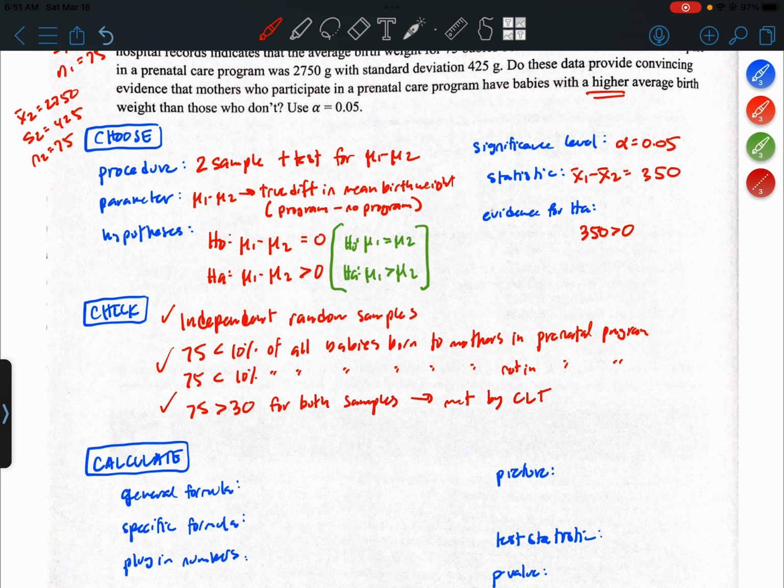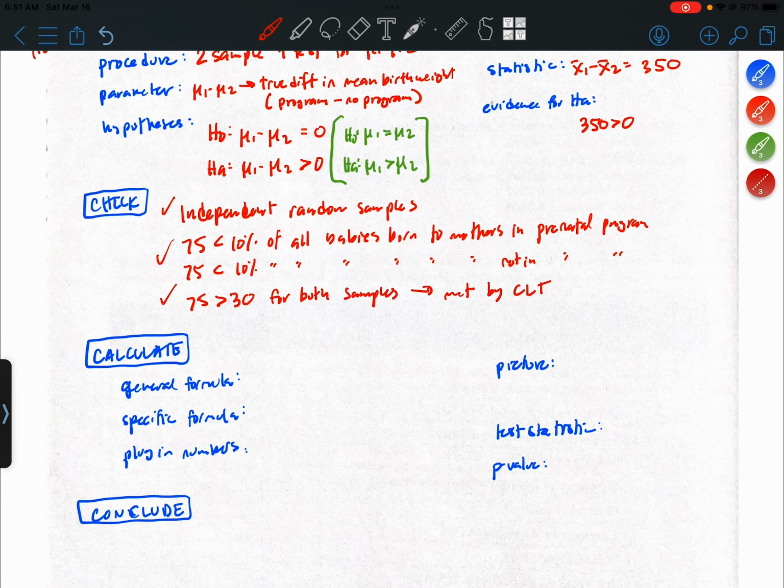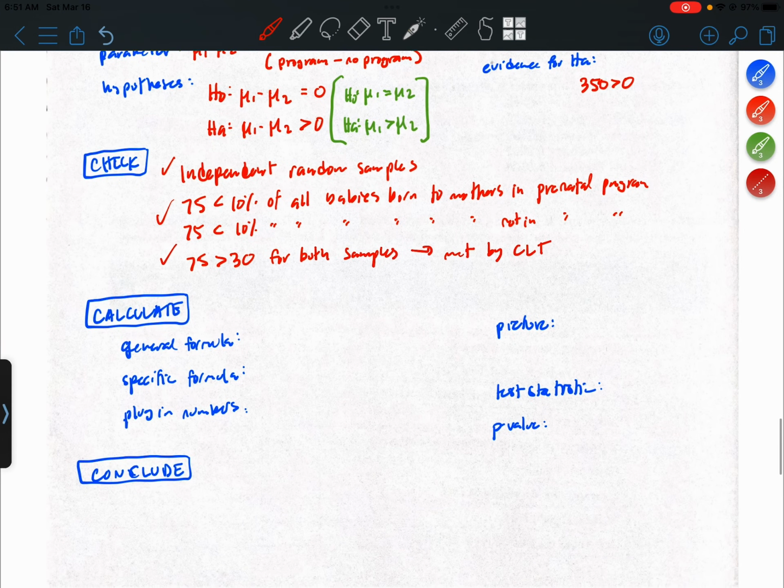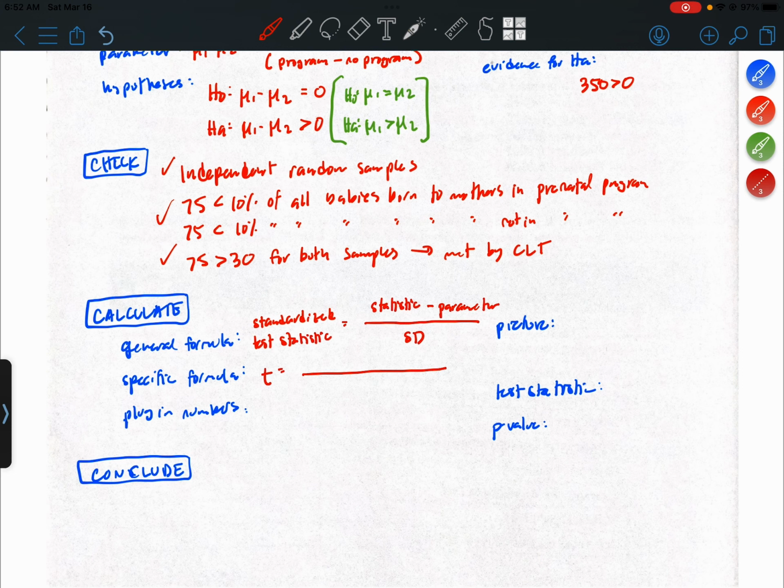All right, calculations. General formula. This is a two-sample t-test, but all the tests have the same formula. It's a standardized test statistic: we take the statistic from our sample, or in this case samples, minus the parameter, divided by some SD. Here's the specific formula; you would construct this using the formula sheet.